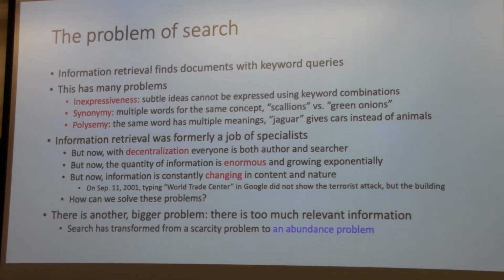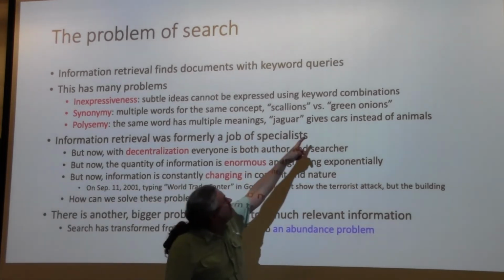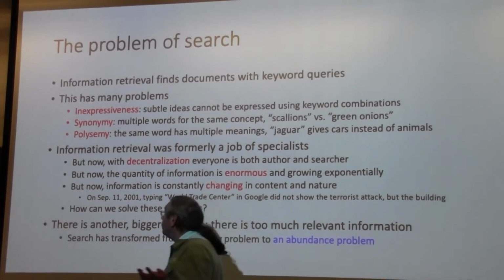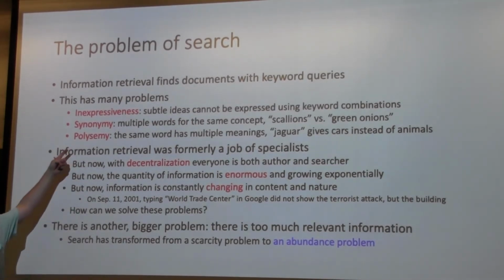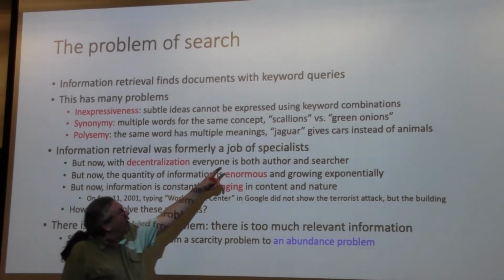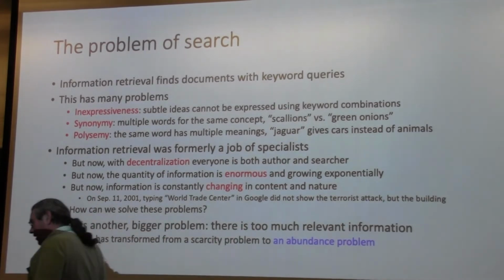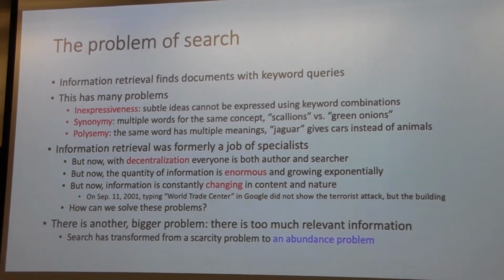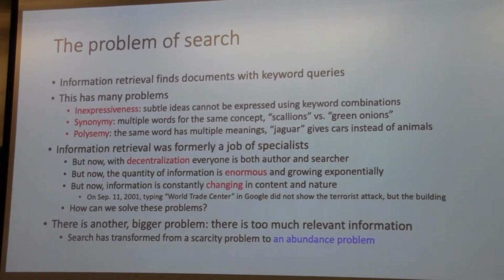Multiple words for the same concept. In English you have scallions, which are green onions, synonyms. Or also you have polysemy. This is the same word with multiple meanings. Well, if I look at a jaguar, it could be an animal, but it could be a car. Okay? That's probably the part of information retrieval.